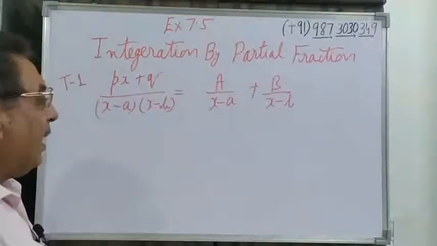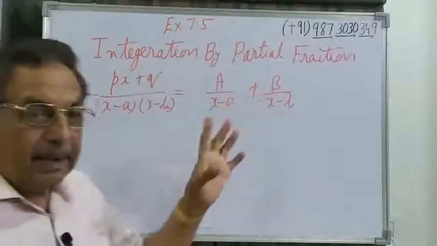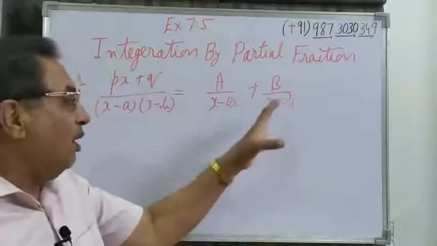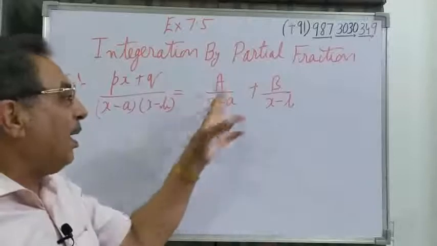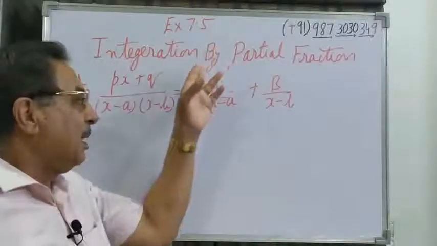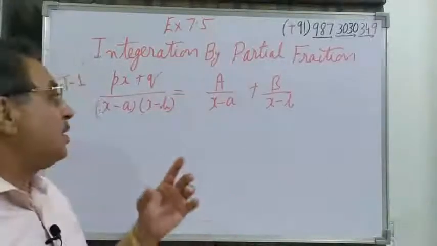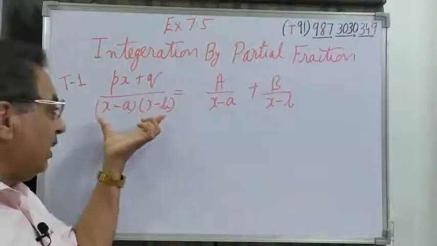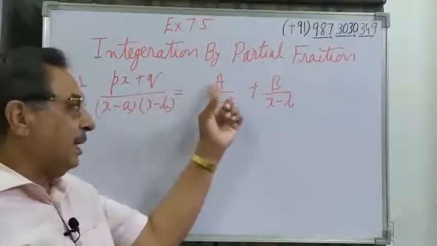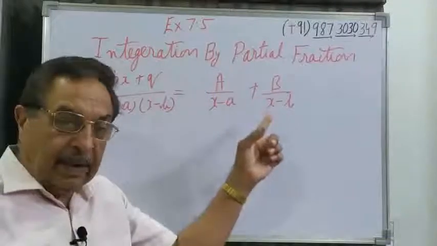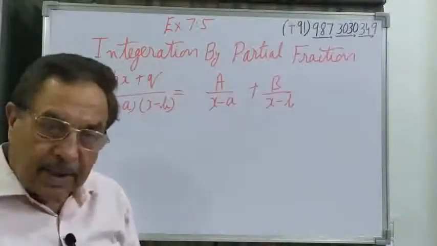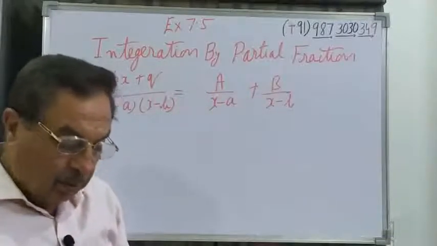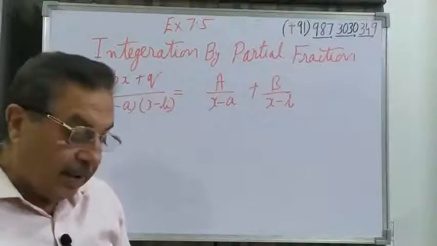Then we find the values of a and b, and after finding them, the integration becomes very simplified. Otherwise it is difficult to integrate, but when we get the particular values of a and b, then it is quite easy to find the integration.